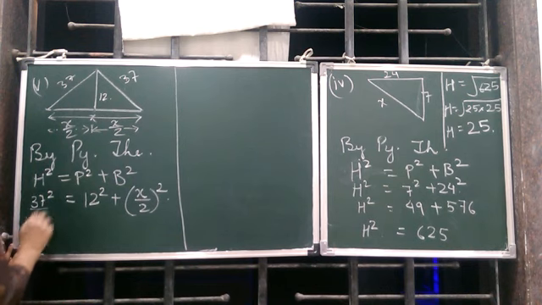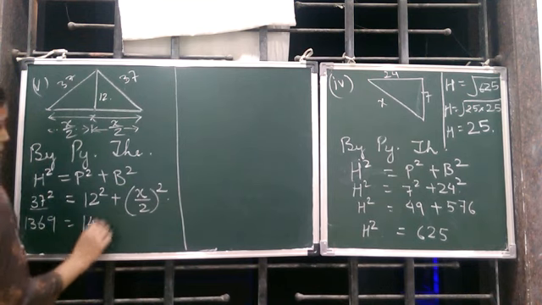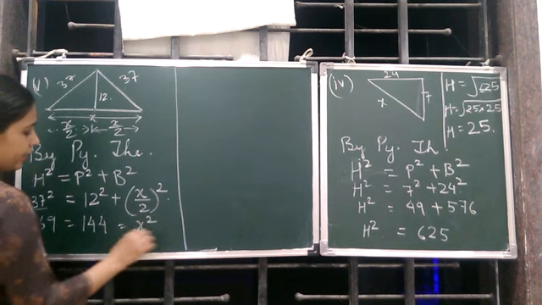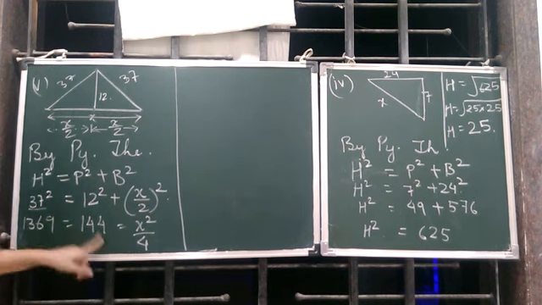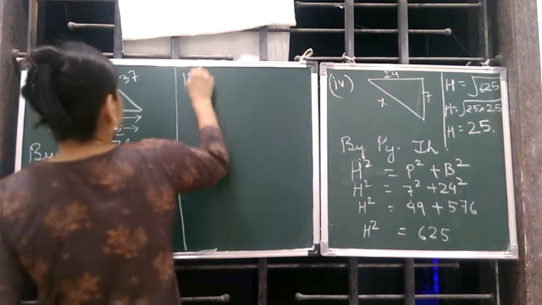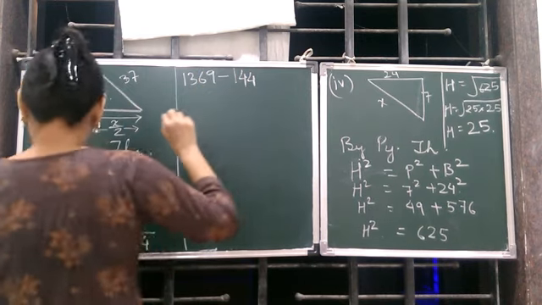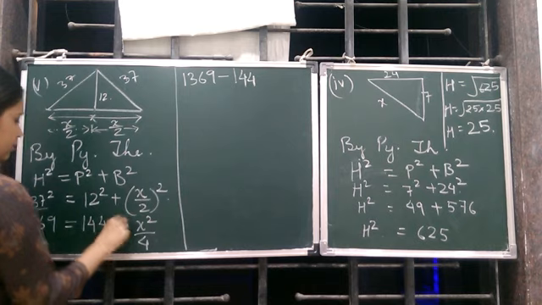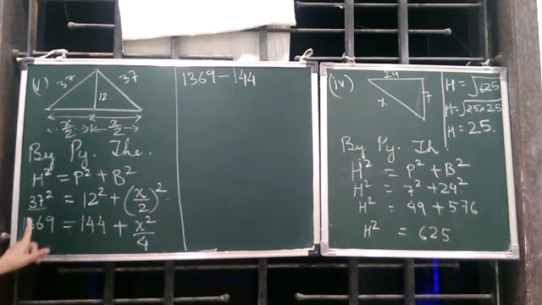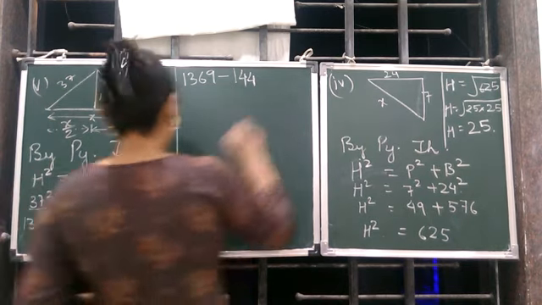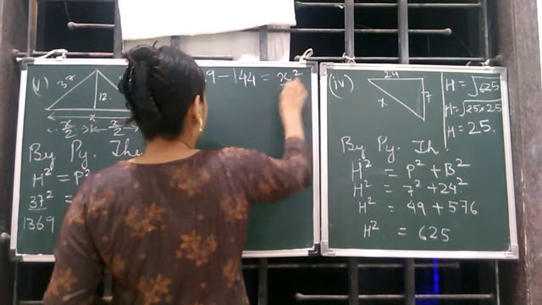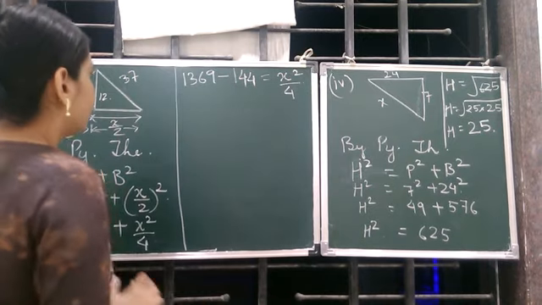This will be 1369, this will be 144, and this will be x square by 4. Now 144 will shift here, so 1369 minus 144. This is plus, so it becomes minus. Minus 144 is equal to x square by 4.